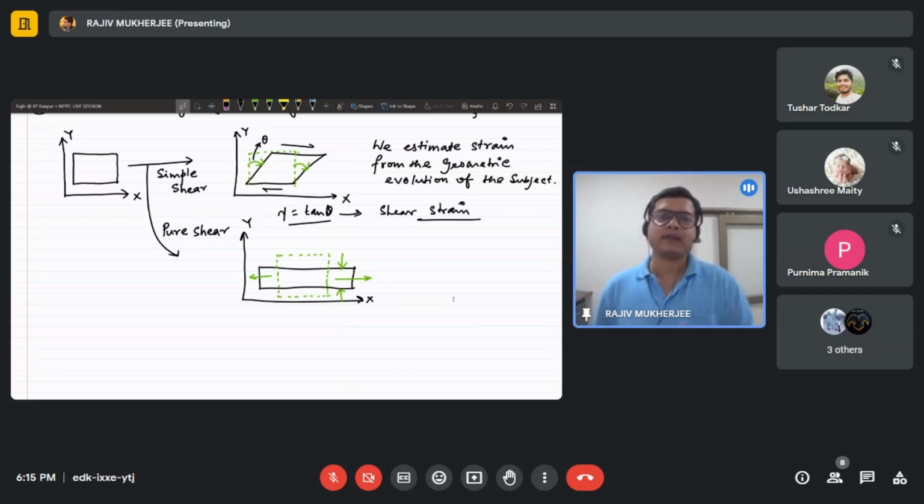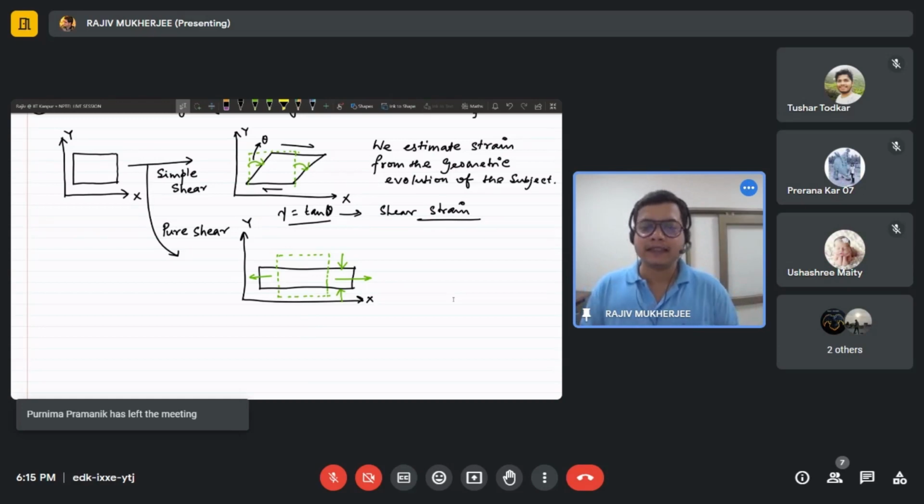Say, for example, you have seen a quartz ribbon in the field. It is very likely to encounter a quartz ribbon. Even it can be in microscopic scale, or you can also observe that in microstructure. So whatever it may be, you think that you found a quartz ribbon, and you interpret that it must have been stretched, and that is why it has formed.